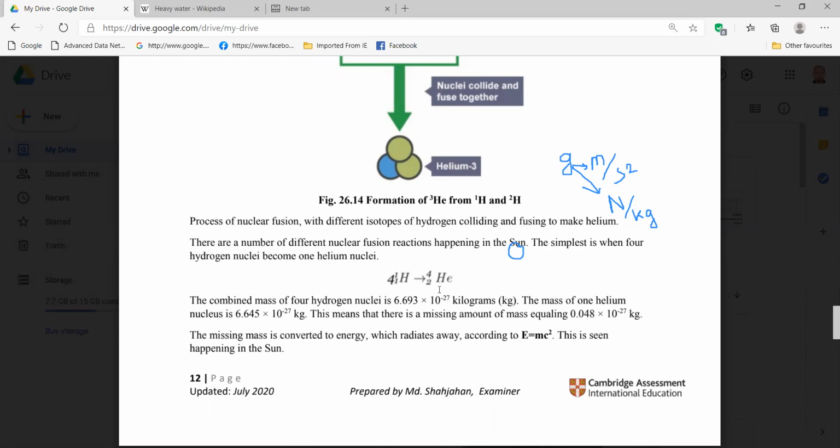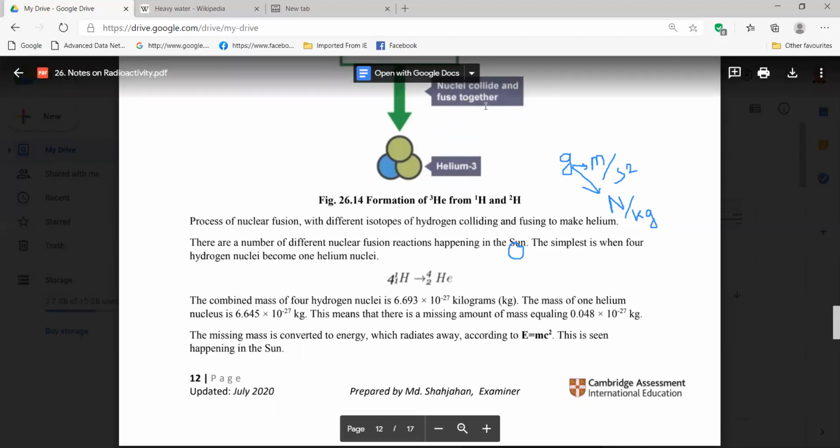They are producing helium, right? Do you understand how this process is happening? No, I don't understand that one. You don't understand, okay.